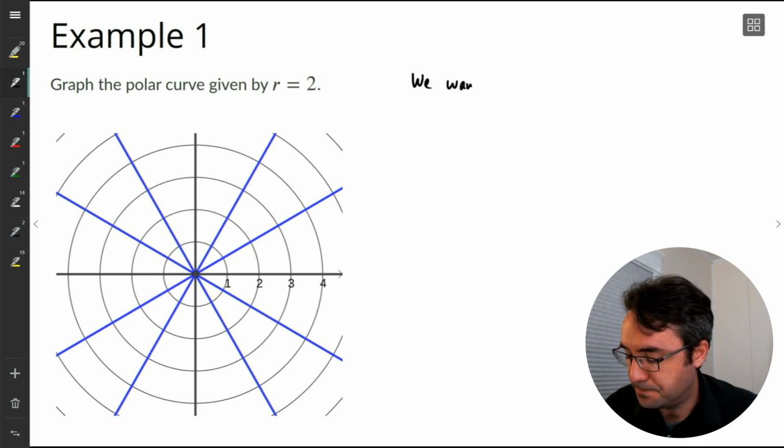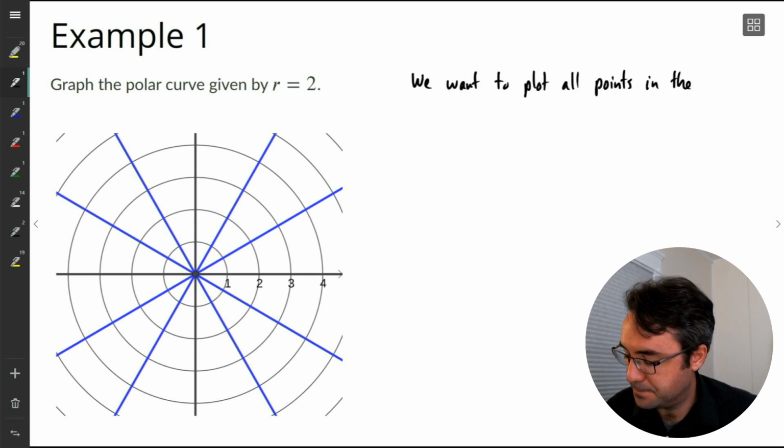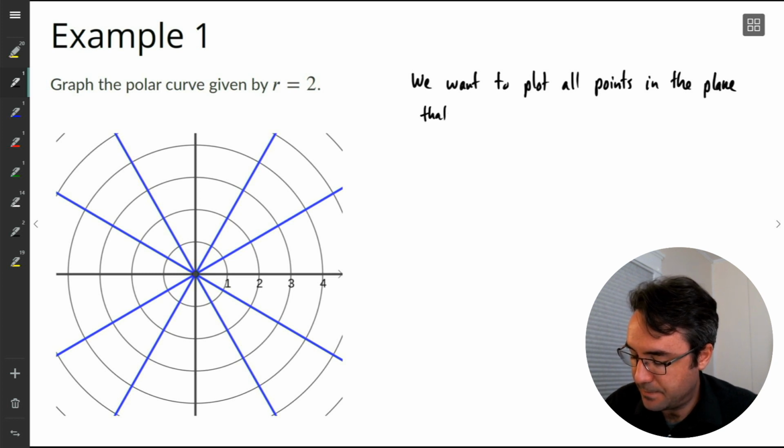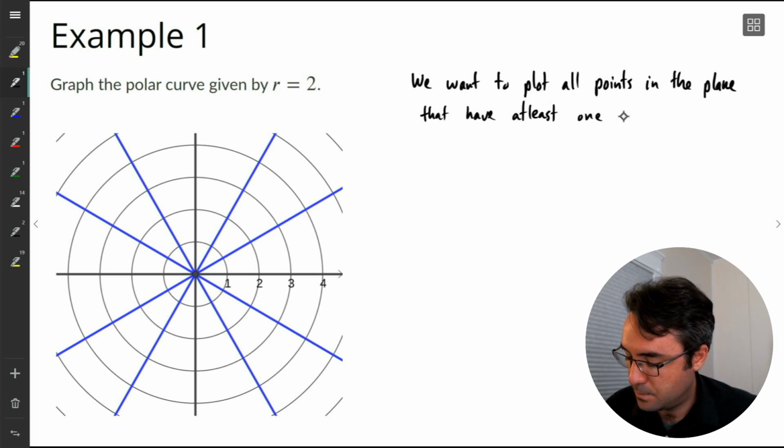So we want to plot all points in the plane that have at least one polar representation that satisfies this condition.